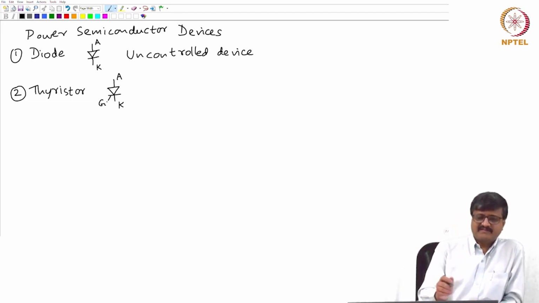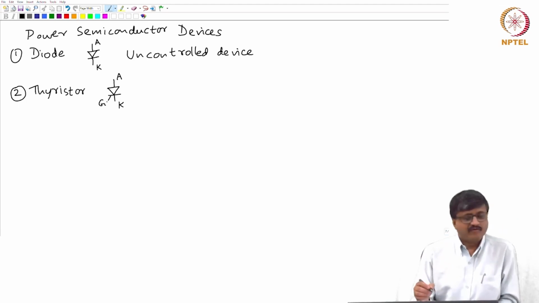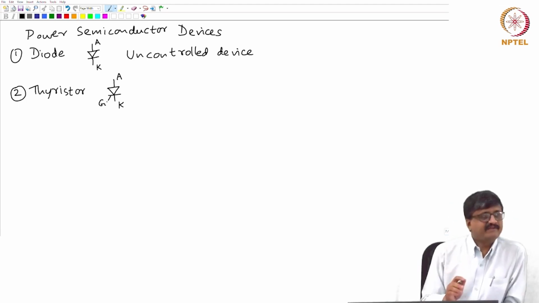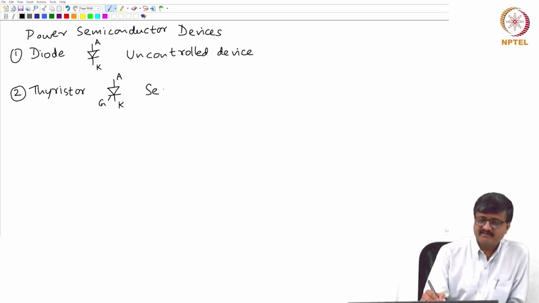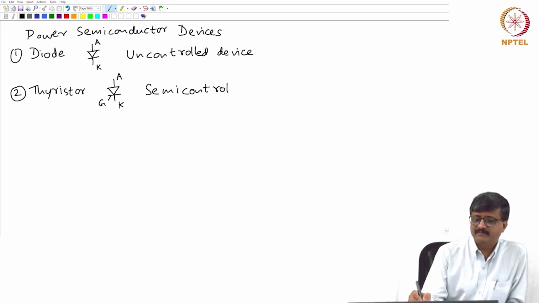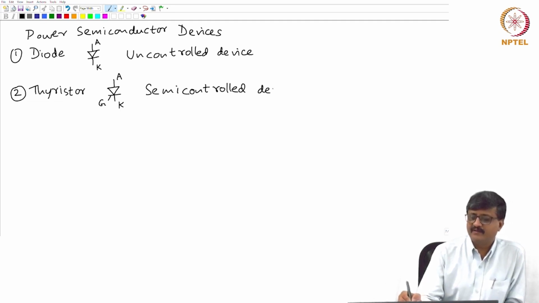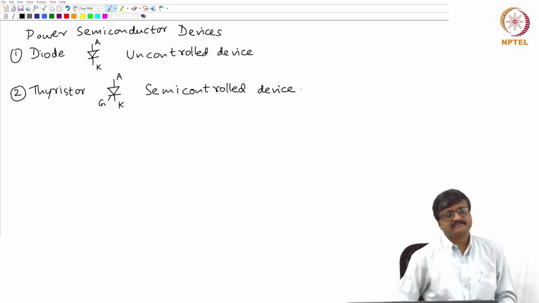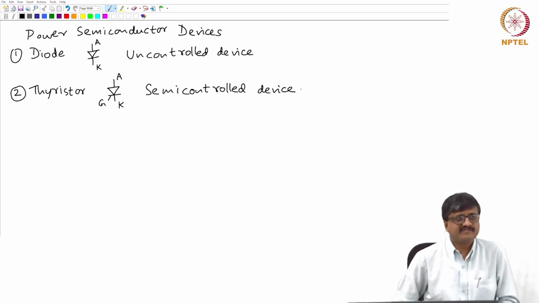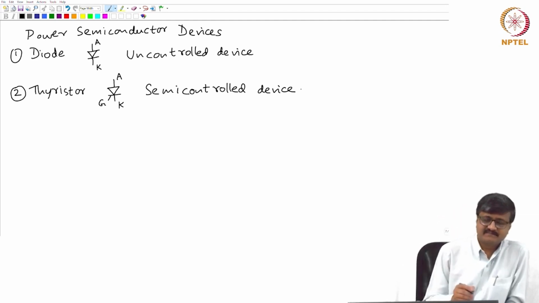Okay. So as I said, one can go from off state to on state by giving a control signal, but not the other way. So that's why thyristor is called a semi-controlled device. That means the control is only in one direction, going from off state to on state, not the other way.